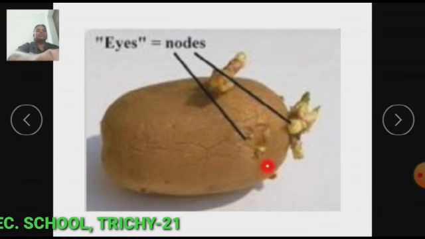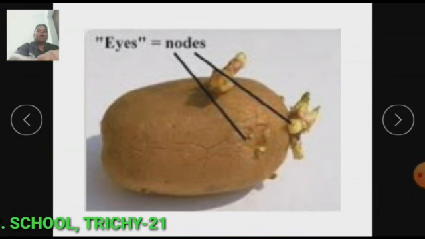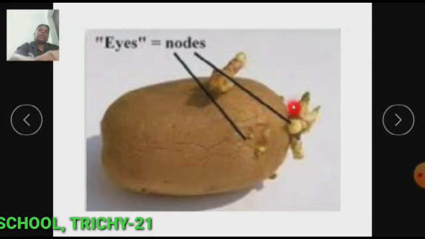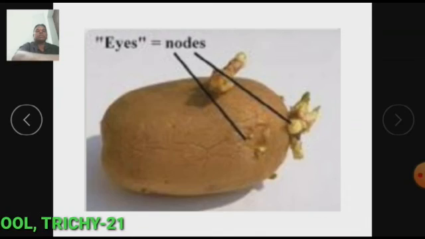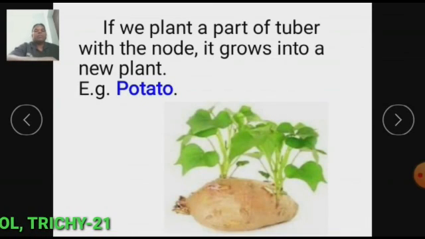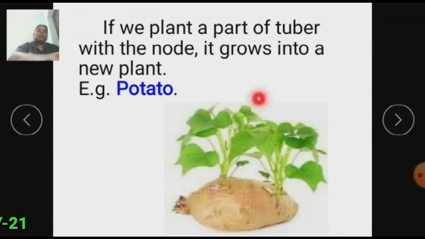This is nodes or eyes. The space between the nodes is known as internodes. If we plant a piece of tuber with a node, it grows into a new plant. Example, potato. Here, new plant of potato is shown.